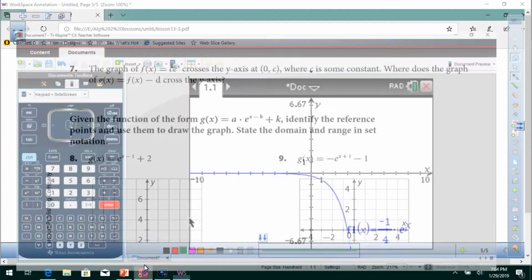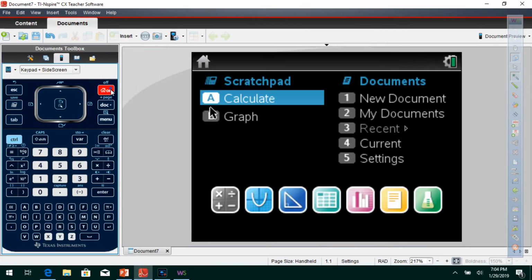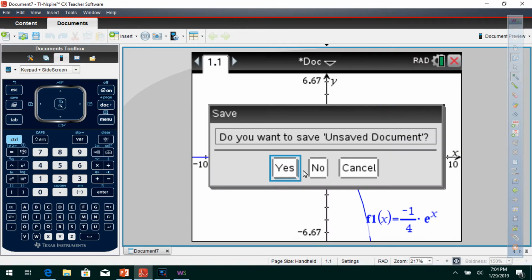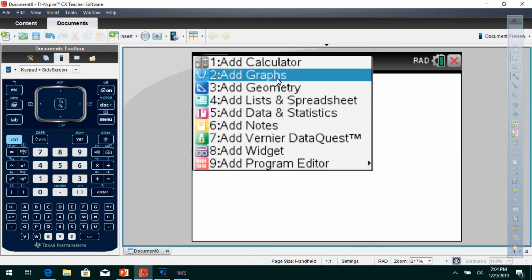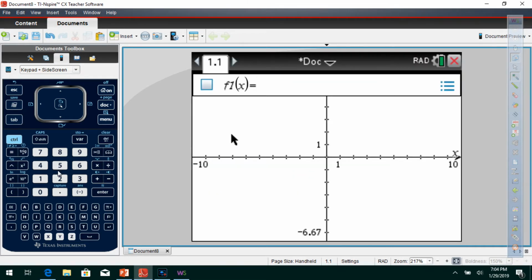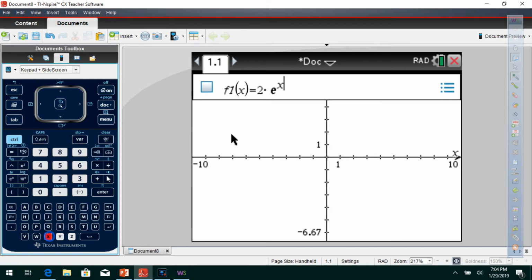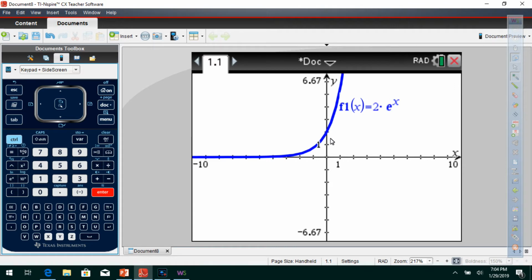We'll go in here on new document, graphs, and we'll put 2 times e to the x. What does that do? Oh, it doesn't go through 1 anymore. It goes through 2. Okay.